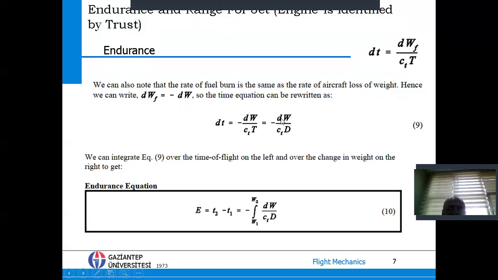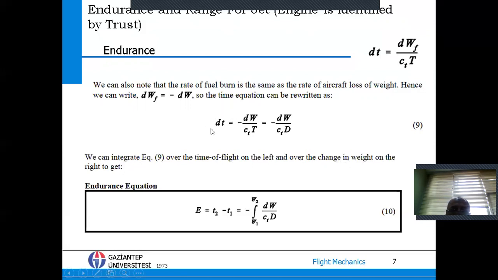Okay. So now we can integrate equation 9. This is equation number 9. We can integrate equation number 9 over the time of a flight on the left, and over the change in the weight on the right.